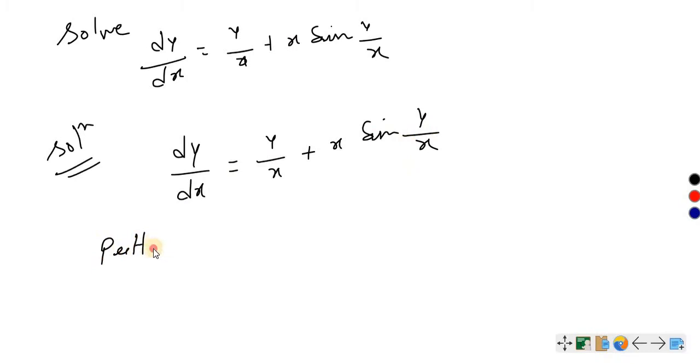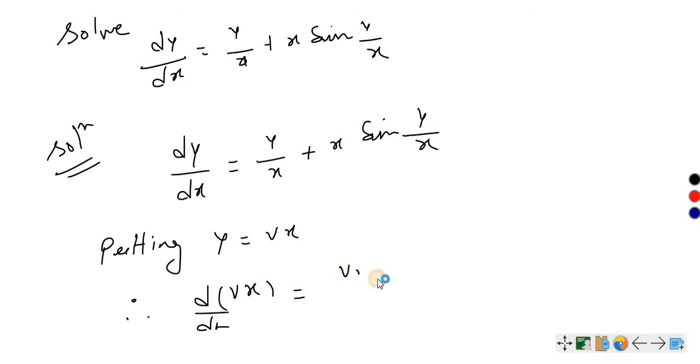Now let us put y is equal to v of x. So therefore d by dx of vx is equal to vx by x plus sine of vx by x.